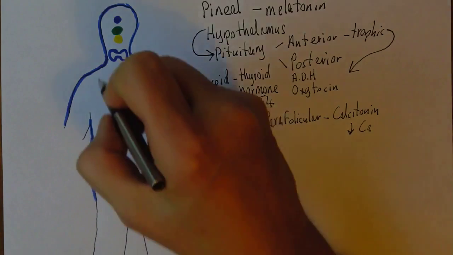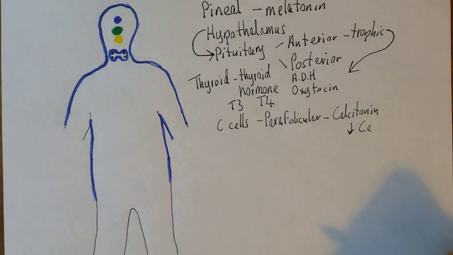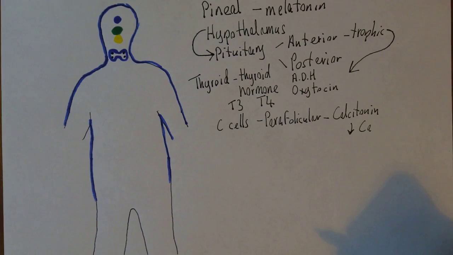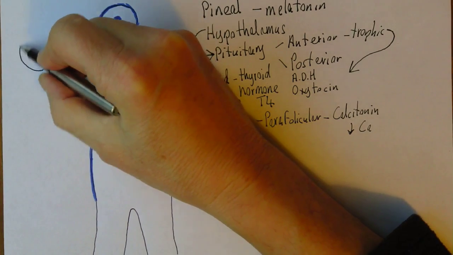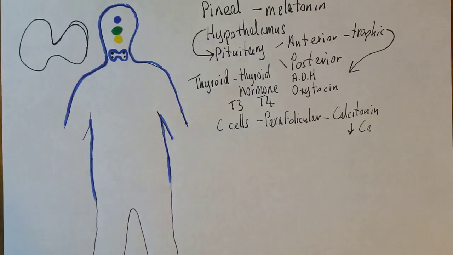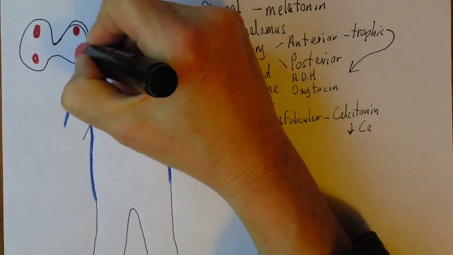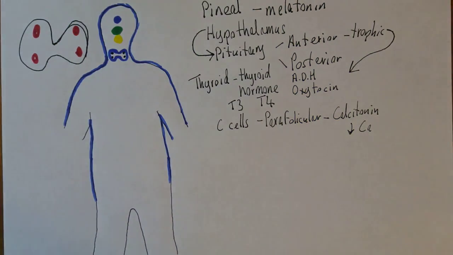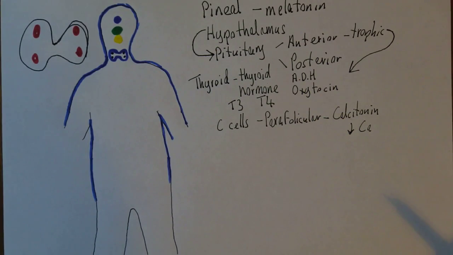Now, it's a bit hard to see on this small scale, but there's 4 smaller glands located at the back of the thyroid gland. So if we imagine the thyroid gland here, with its 2 lobes, at the back of the thyroid gland there are 4 smaller glands embedded, almost like large islands of endocrine tissue embedded in the back of the thyroid gland.